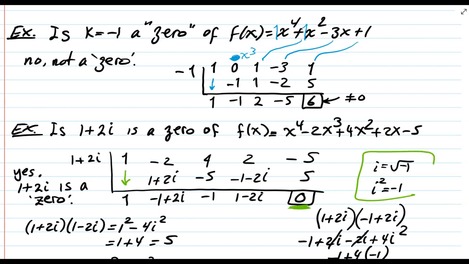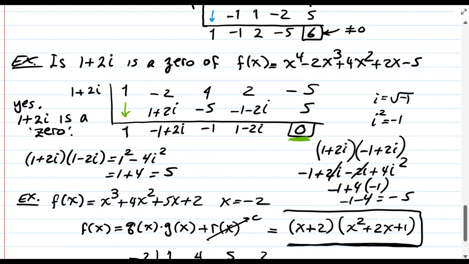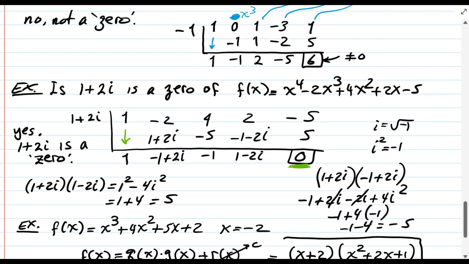And remember, for complex numbers, i is the square root of -1, so that i squared is equal to -1. Now, because the coefficients are real for this polynomial, by the complex conjugate theorem, the other zero is going to be the conjugate of this one, 1 minus 2i. We just want to show that if this is a zero of the polynomial, and clearly it is.